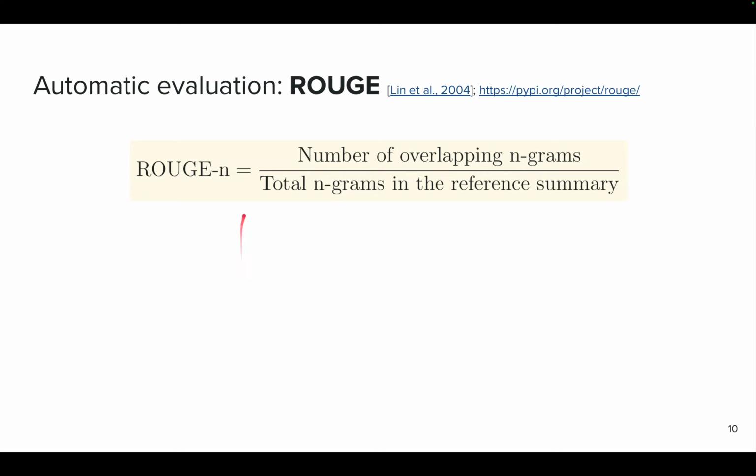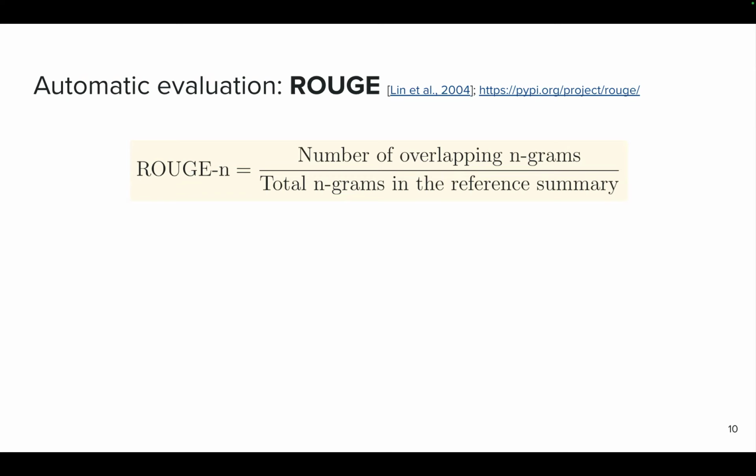And ROUGE just measures, you have ROUGE-N, where N stands for the size of the n-gram. So you will have ROUGE-1, ROUGE-2, ROUGE-3, whatever number for n-gram you want. And it takes your generated or extracted summaries.